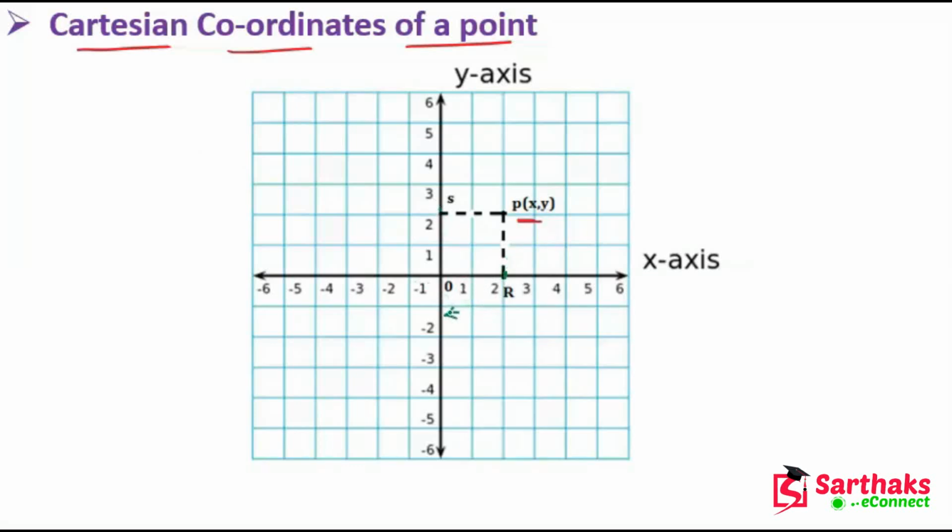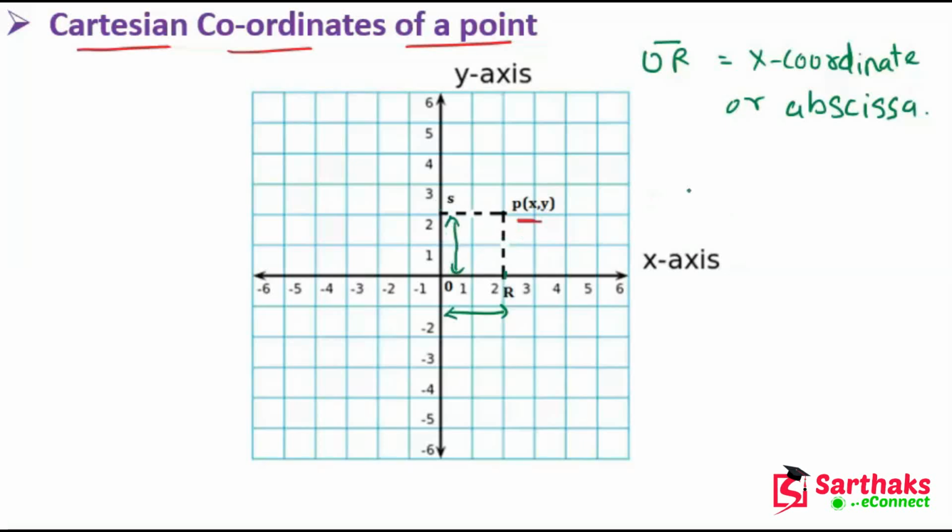The distance OR is called the x coordinate, or abscissa, as we know very well, and the length of line segment OS is equal to the y coordinate, which is also called the ordinate.